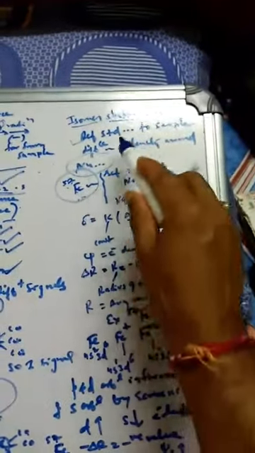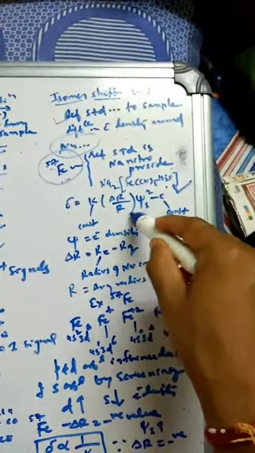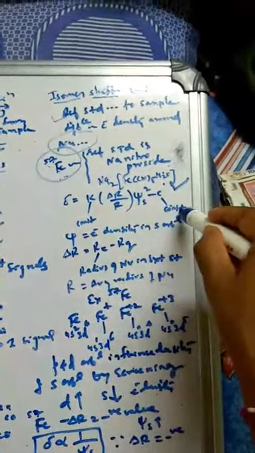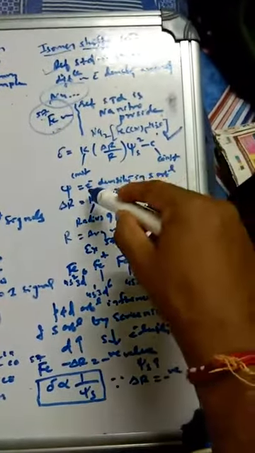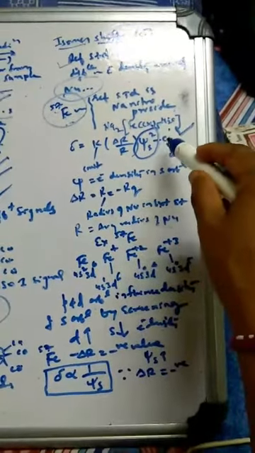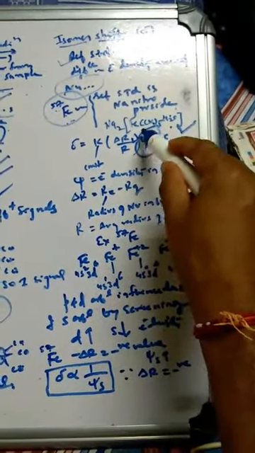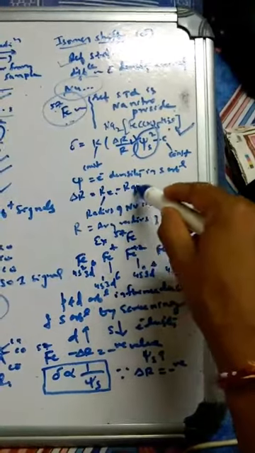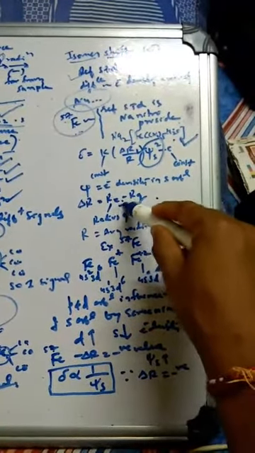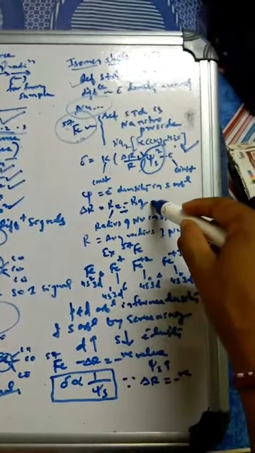The formula for the isomer shift delta is given by K delta R by R, psi square, minus C S. Here K is a constant, and C is also a constant. What is psi? Psi S is the electron density in the S orbital. And what is delta R? Delta R is R of E minus R of G, that is the radius of the nucleus in the excited state minus the radius of the nucleus in the ground state.